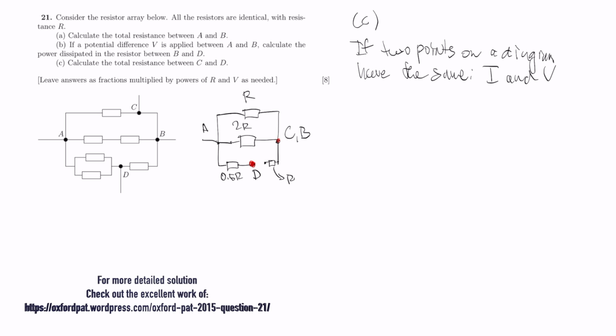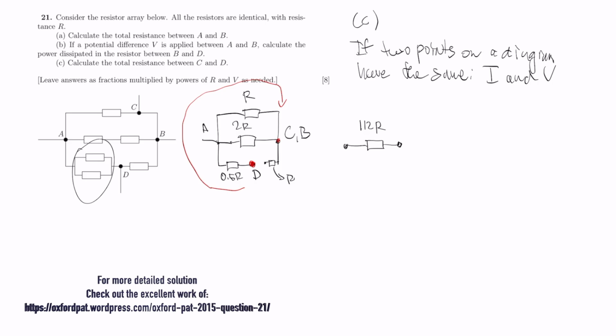So it's probably a better idea to redraw the circuit yet again, but going this way. Let's start off with D. Then from D, we go to these two essentially, which have a combined resistance of half an R or 0.5 R. Then there's a junction.